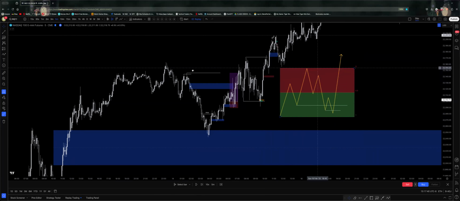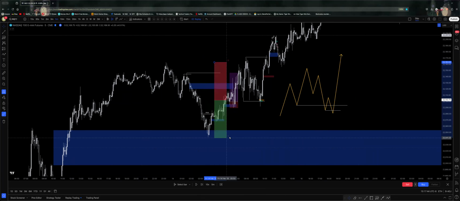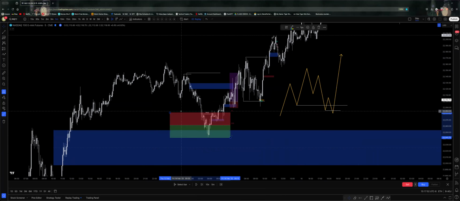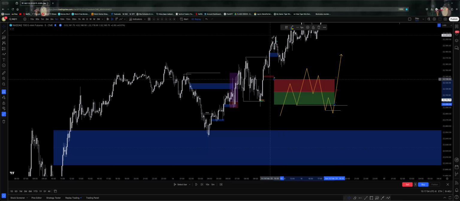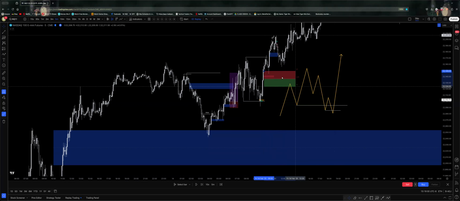You can put this Fibonacci on ranges, right? So we have a range from up here to here. This is the range. You can also use the fib for fair value gaps. So if I have a fair value gap right here, this is the gap.